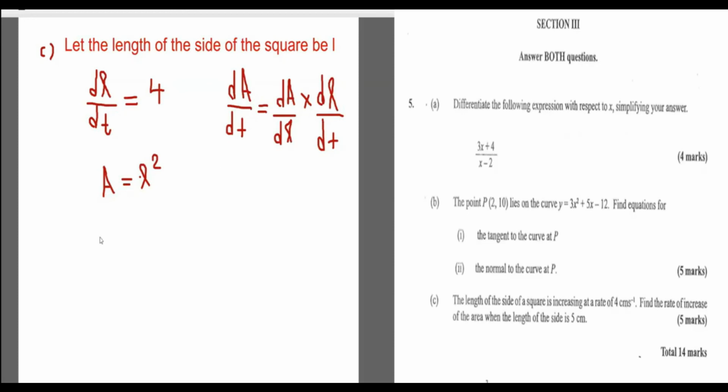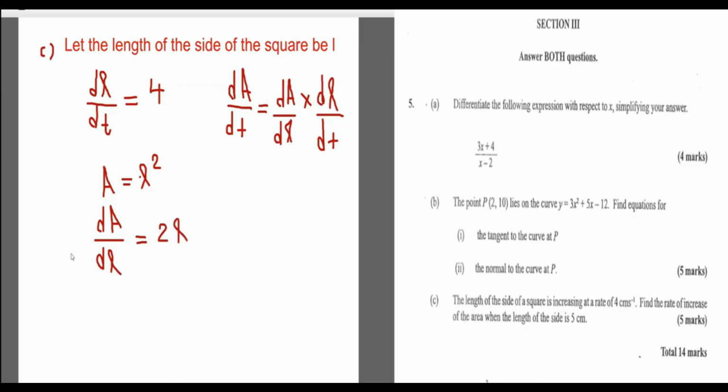Now A is equal to L squared, and so dA by dL, when you differentiate L squared, you get 2L. Nice.